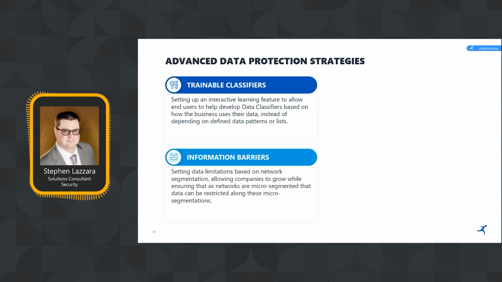In addition to that, as companies are growing and there's more globalization and modernization and what we refer to as data sovereignty, you can set up information barriers, which is setting up data limitations based on network segmentation. So if I have this segment, which is in the EU, and I need to ensure that none of my EU data due to GDPR restrictions leaves the EU, or I want to be certain that this data for this company is just part of the DoD contract that we have, it cannot be exposed anywhere.